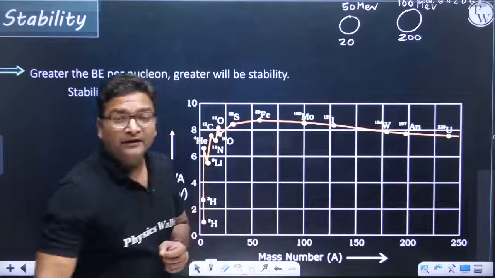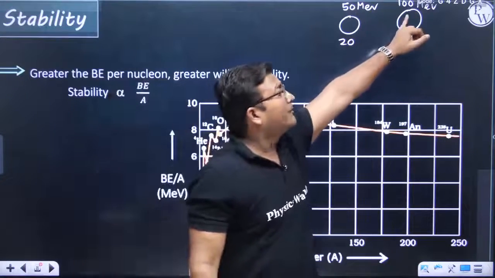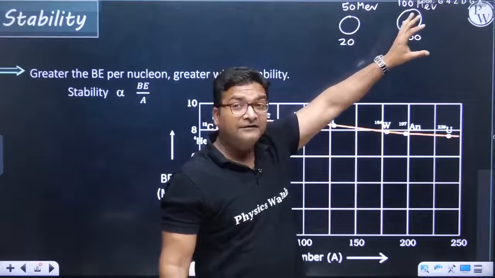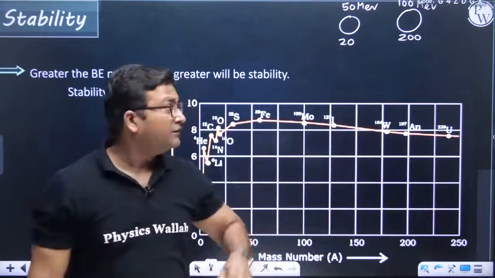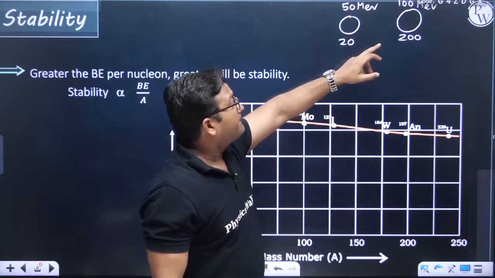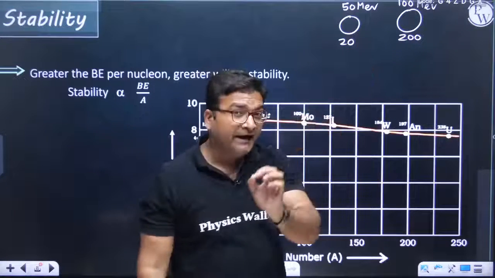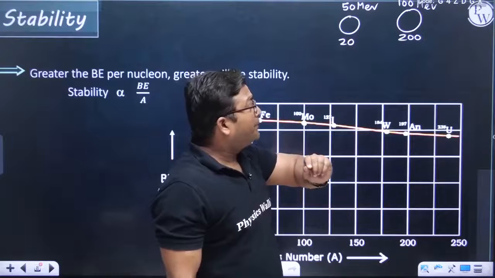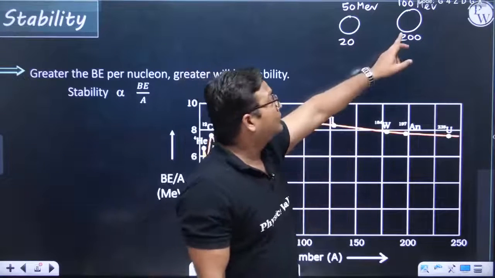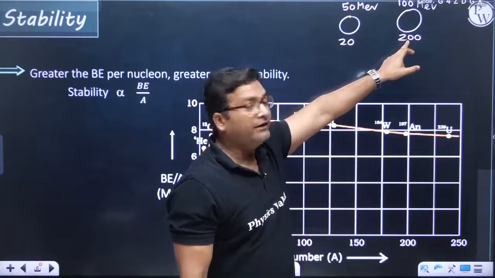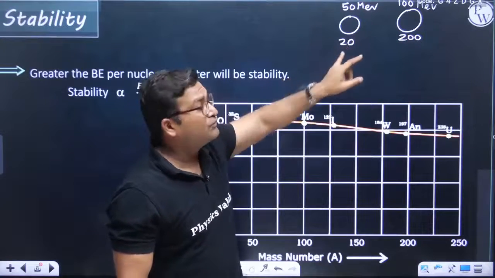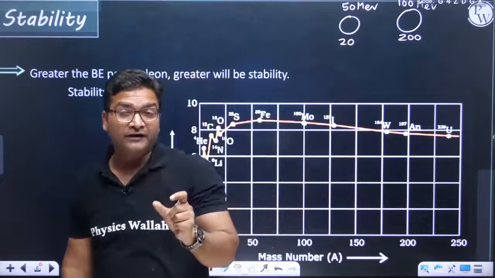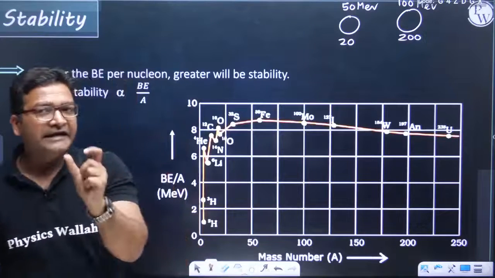Obviously this has more binding energy, but as you see the size of this nucleus, which is so big, the binding energy contribution of each nucleon is only 0.5 million electron volt, while here we have almost 2.5 million electron volt associated with each nucleon.